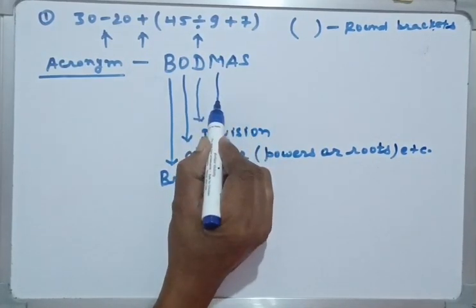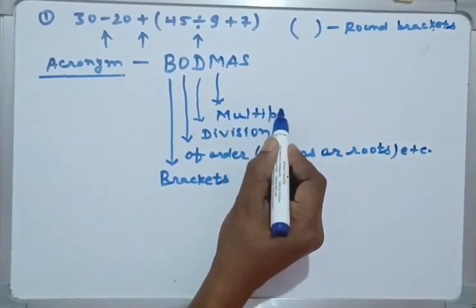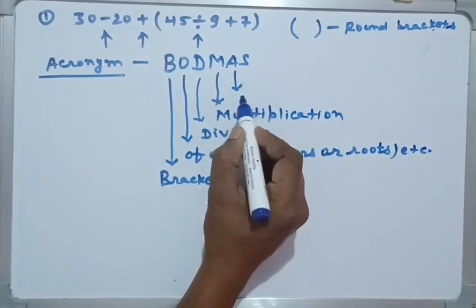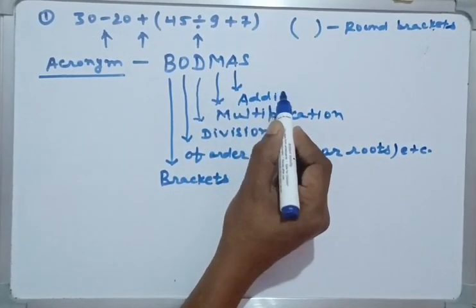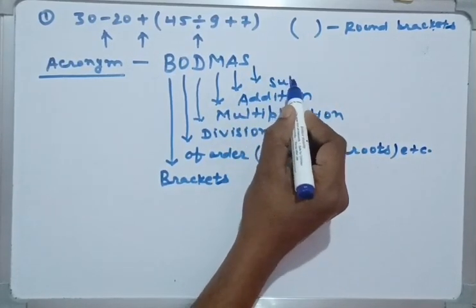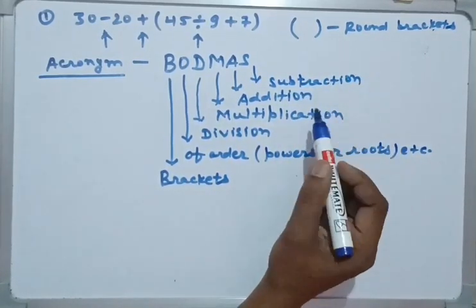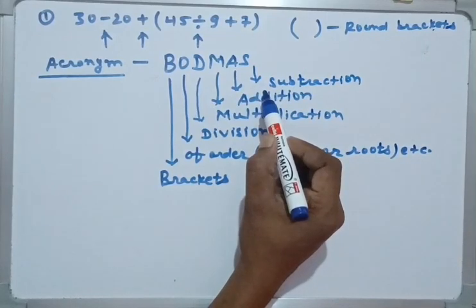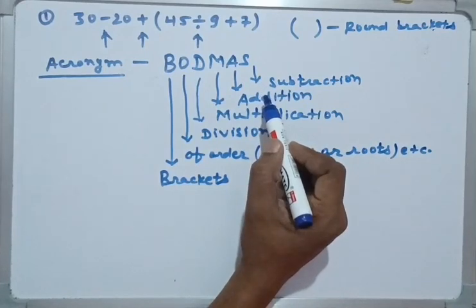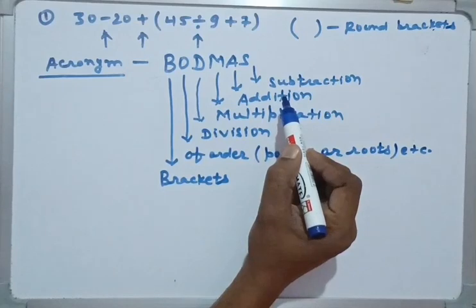M stands for multiplication. A stands for addition and S stands for subtraction. Okay guys, you notice here I have not used the word substraction, I have used the word subtraction. So the correct way is subtraction.